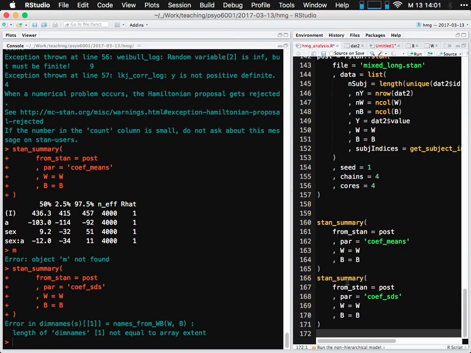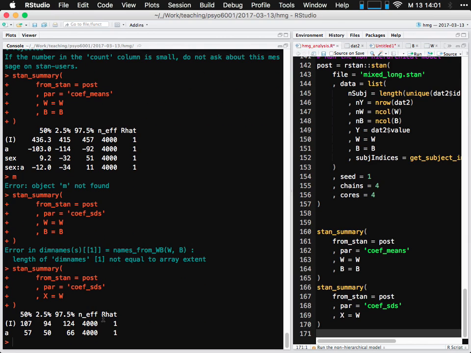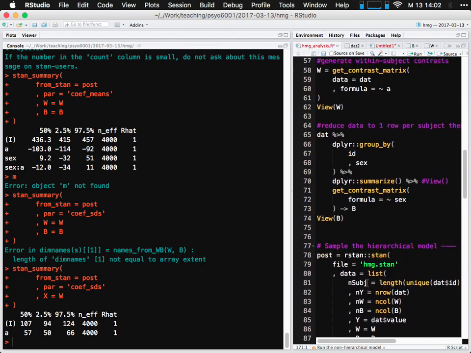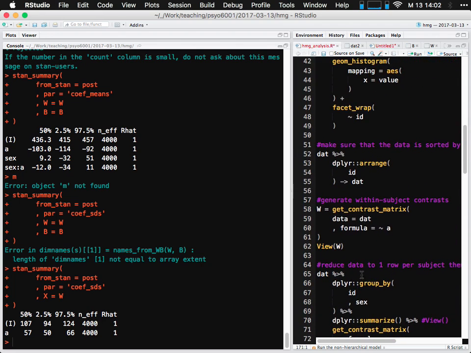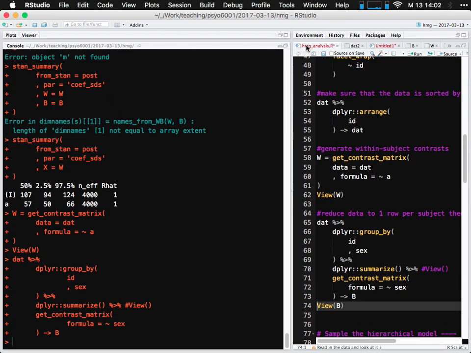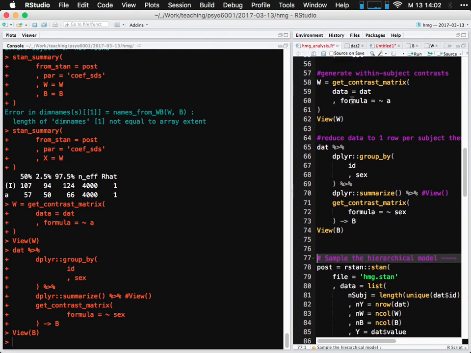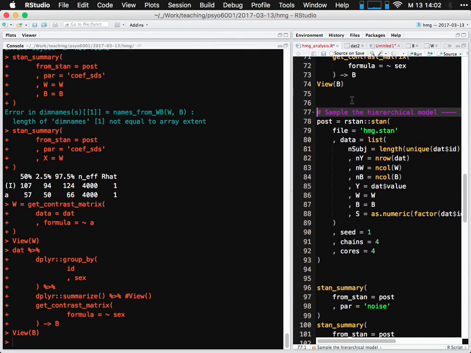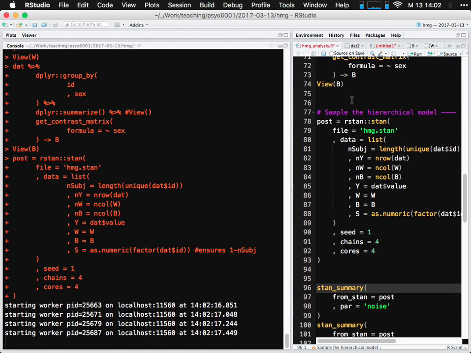Oops. 50 to 66. And I'm actually going to have to rerun this one because I overwrote post. So I have to regenerate that. Oh, darn, I should have saved that. So that's going to take a minute or two.